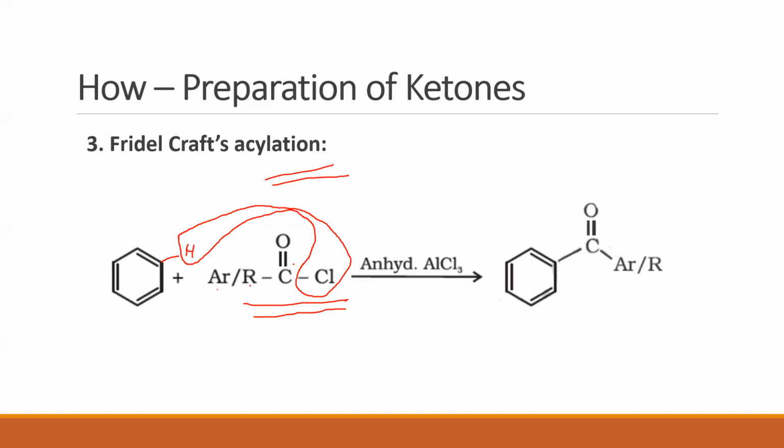So when HCl is removed, I have RCO or ArCO remaining. This gets substituted in place of the hydrogen like this, COR or COAr, giving you RCOR dash, which is nothing but a ketone. But this will be an aromatic ketone because one of the R groups will be a benzene ring.